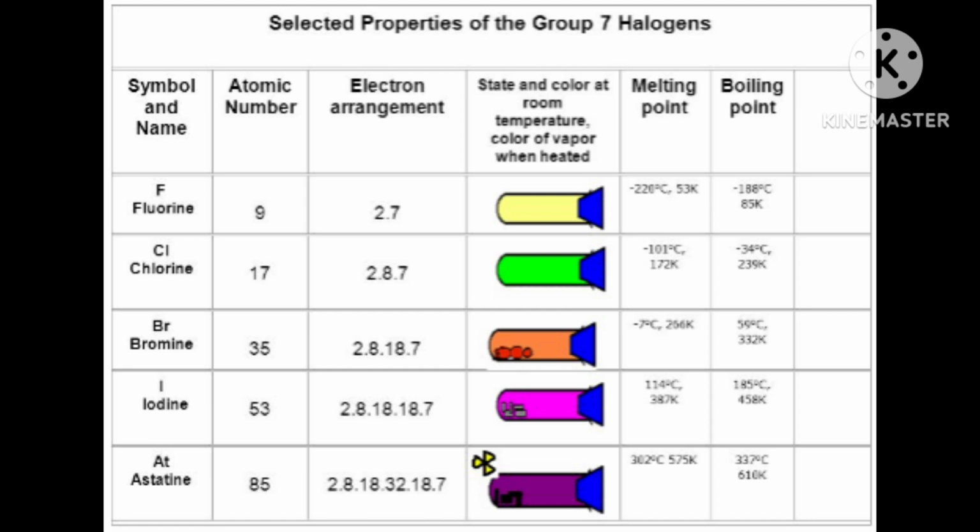Atomic and ionic radii increase from fluorine to iodine due to the increasing number of quantum shells. Because the number of shells is increasing, a new shell is opening, so the radii increase as you go down in the group.